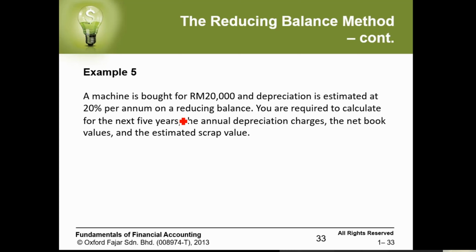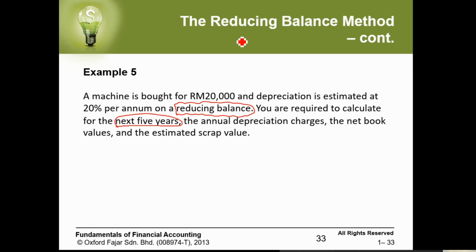You notice we already mentioned that the method we're going to use is reducing balance. You are required to calculate for the next 5 years the annual depreciation charges, the net book value, and the estimated scrap value.